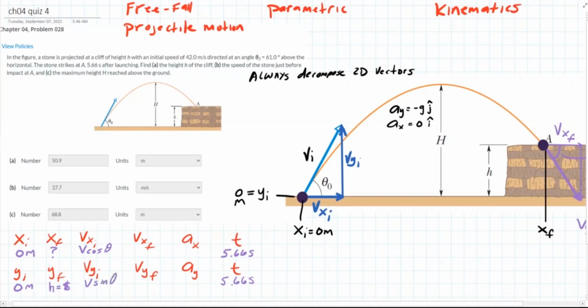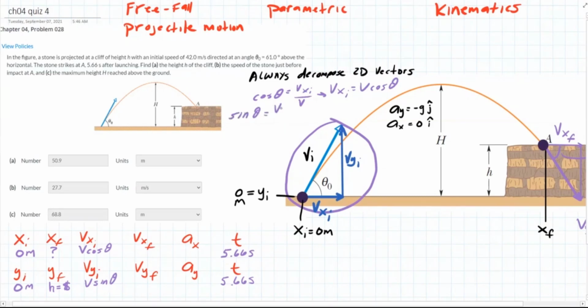Let me just do a little trig sidebar there. If I look at this triangle right here, I can see that cosine of theta equals side adjacent, Vxi, over the hypotenuse V. And that's why I'm saying Vxi equals V cos theta. Similarly, right angle trigonometry says sine of theta equals opposite, Vy initial, over V. And that's why I'm saying Vy initial equals V sine theta.